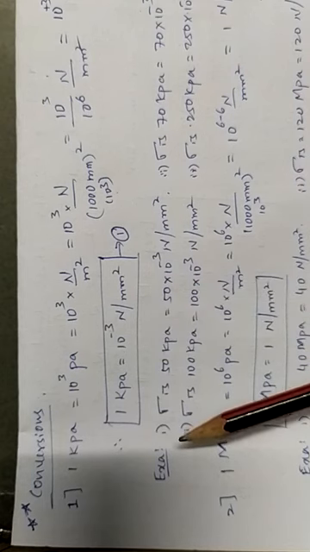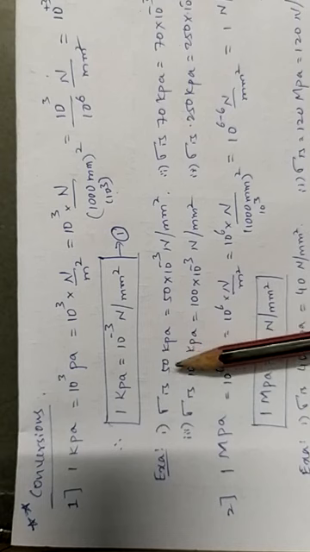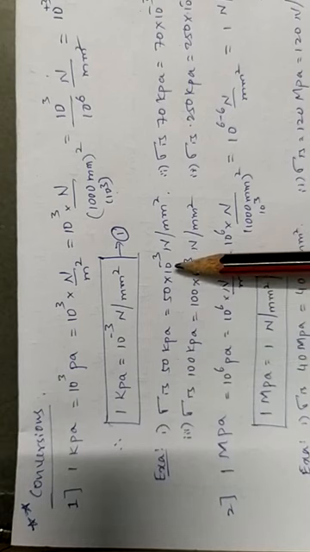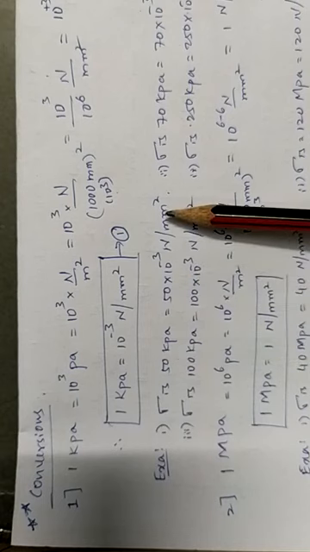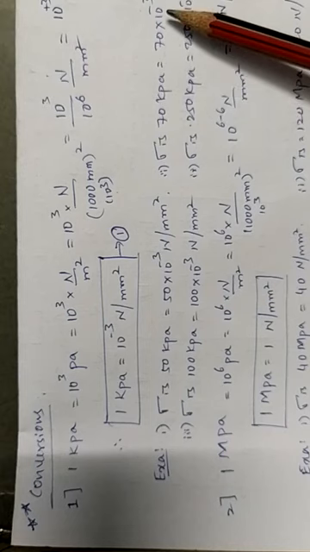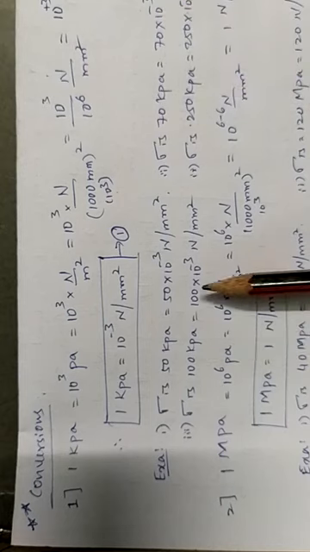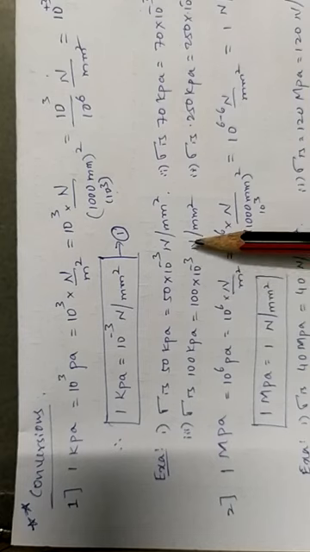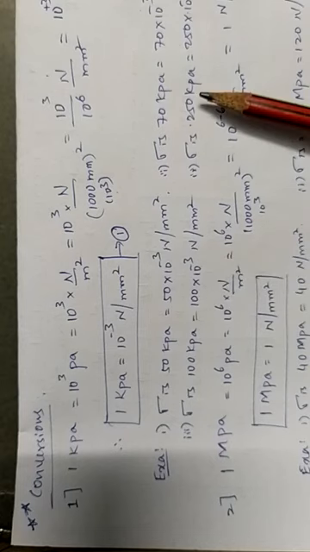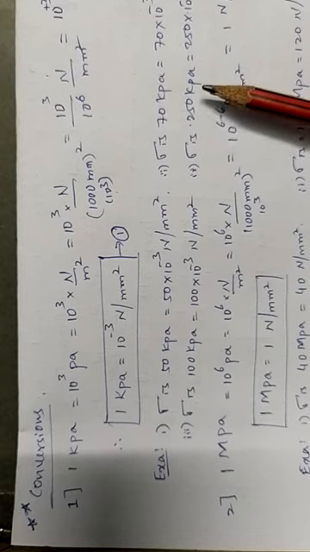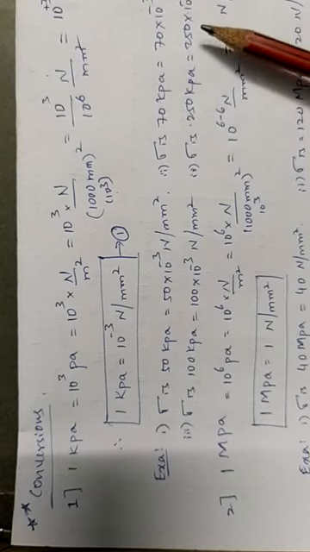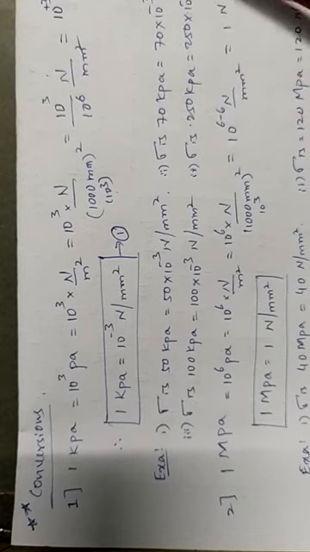Therefore, if your trial reading of stress is 50 kPa, it is 50 into 10 raised to minus 3 Newton per mm square. 70 kPa is 70 into 10 raised to minus 3 Newton per mm square. If it is 100 kPa, 100 into 10 raised to minus 3 Newton per mm square. If your reading is 250 kPa, that is 250 into 10 raised to minus 3 Newton per mm square.